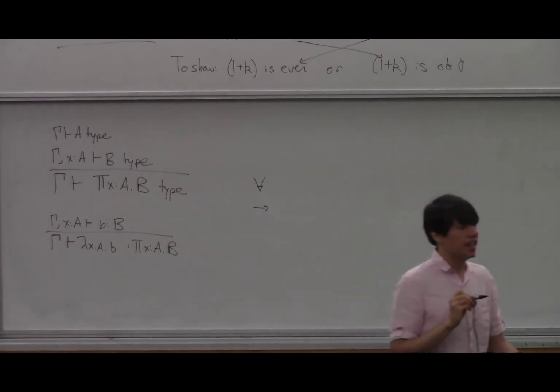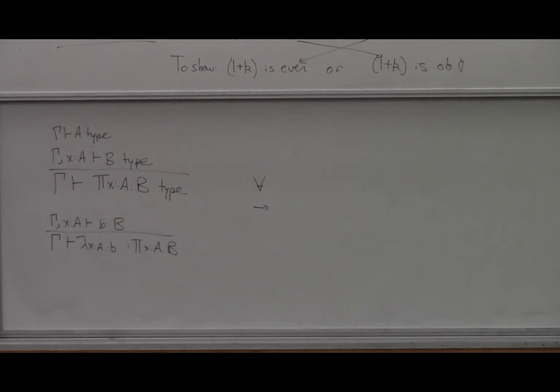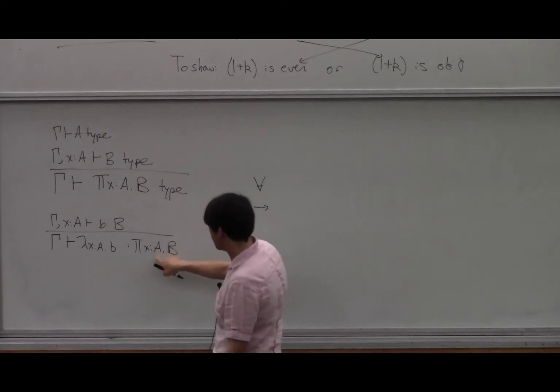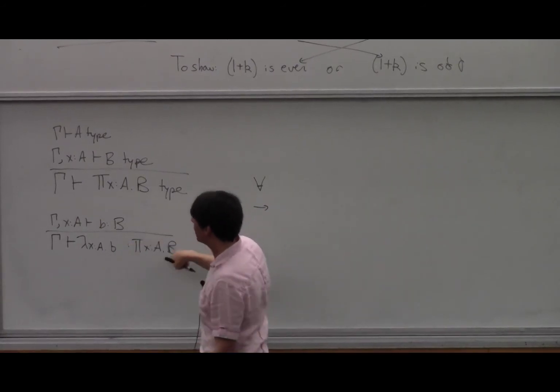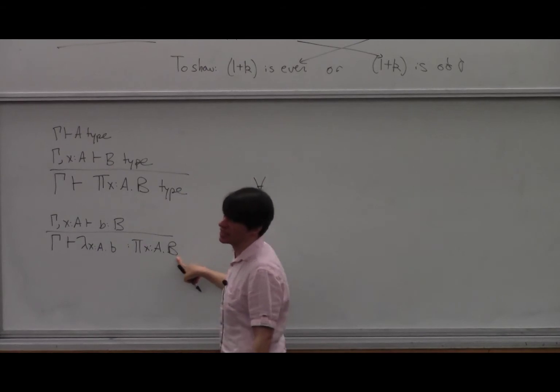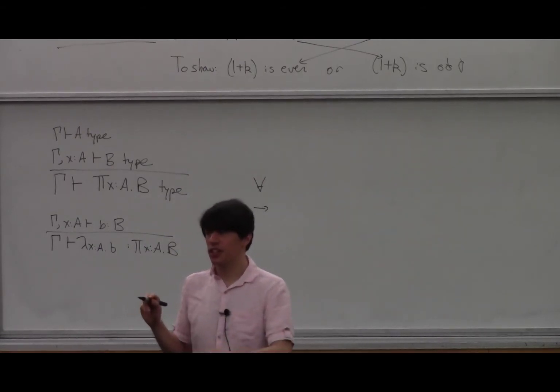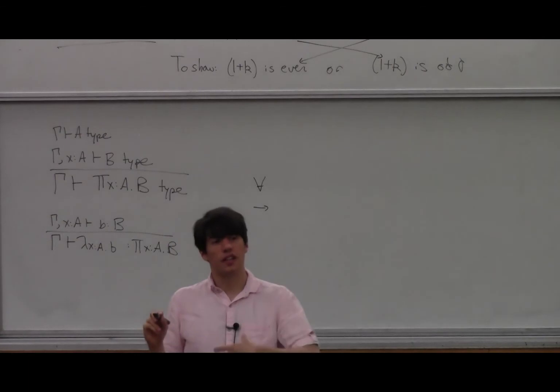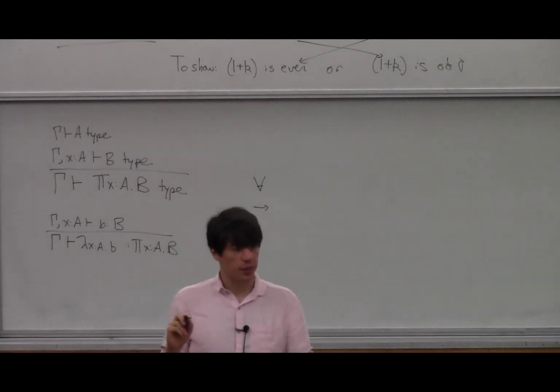So the elements of a pi type are functions. And under propositions as types, or Curry-Howard, a pi type is how we'll write a "for all," and a proof of a "for all" will be a function. We think of a proof of a "for all" as a function that, given a proof of A or an element of A, gives you an element of B. Just like yesterday when we saw that an element of a type quantifier "for all" was a function that took a type.